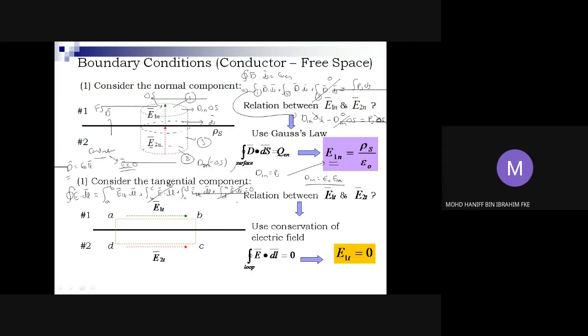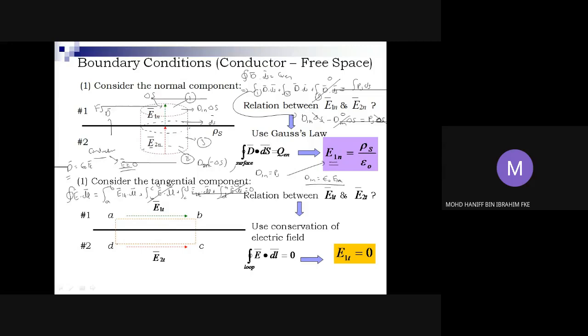Since E and dl are both perpendicular for the B to C and D to A paths, the E dot dl for both paths will be 0.